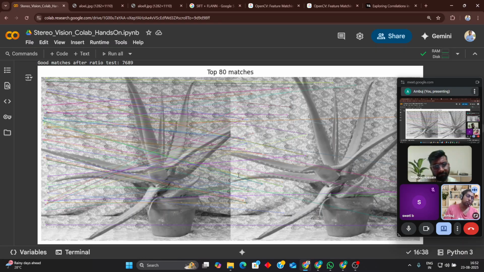This is the fundamental principle which you can apply on any type of image analysis. This is the very basic one. And regarding Lowe's ratio test, this thing is left. I will explain it in great detail in the coming session. So yes, you can apply that.